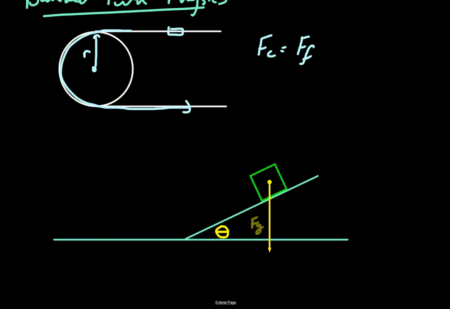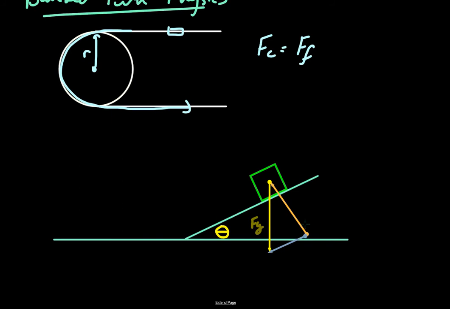This is causing a normal force to be present up in this direction. What we would do is find the sum of these vectors, and set it up like this. So this is for a static object sitting on a slope.